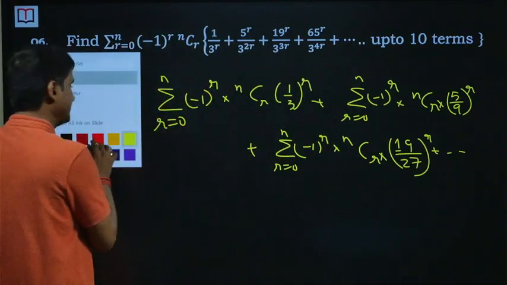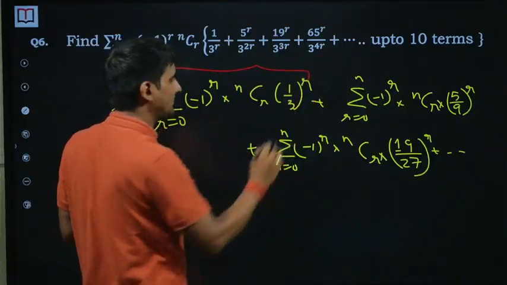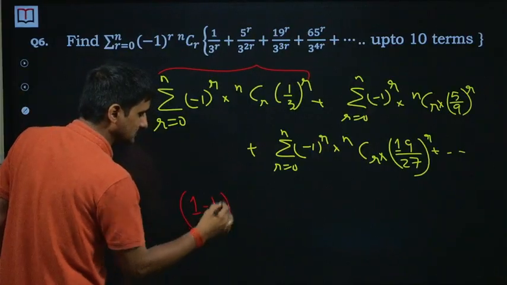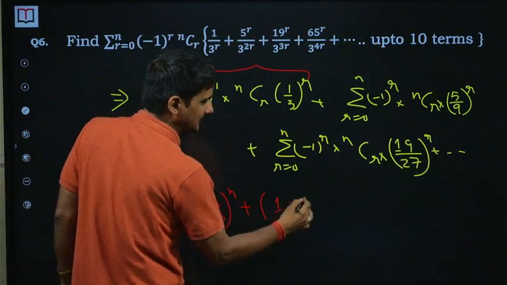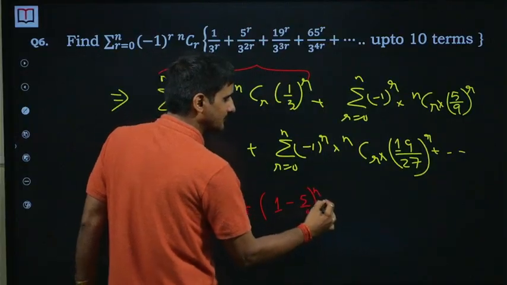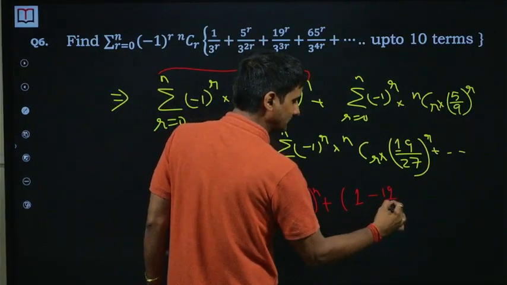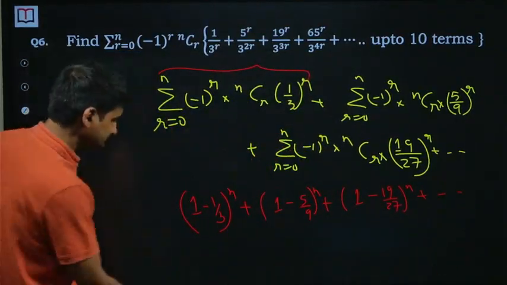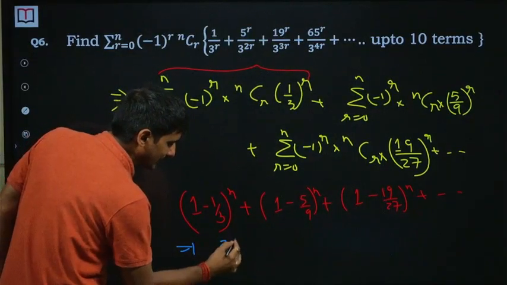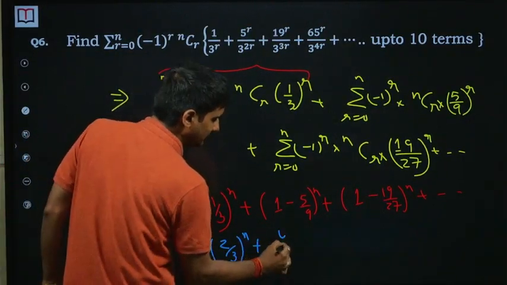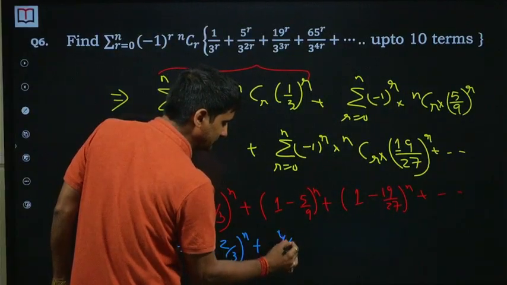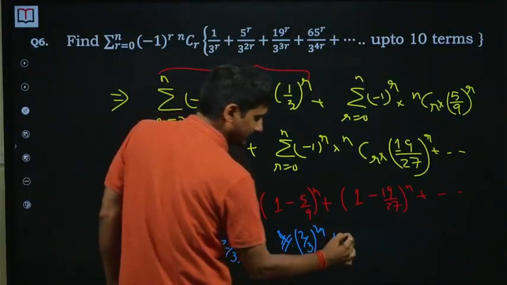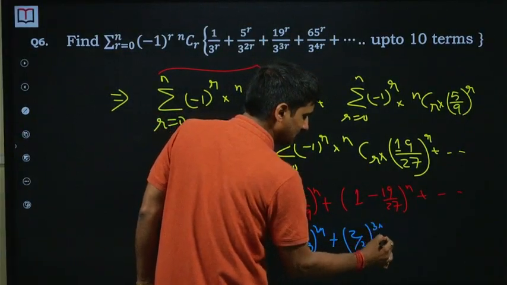Now these are direct simple binomial expansions. The first one is (1 minus 1 by 3) raised to the power n. Second one is (1 minus 5 by 9) raised to the power n. Then (1 minus 19 by 27) raised to the power n, and so on. Let's simplify. (2 by 3) raised to the power n, (4 by 9) raised to the power n, so that means (2 by 3) raised to the power 2n, and then (2 by 3) raised to the power 3n, and so on.